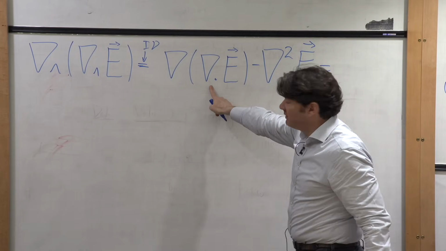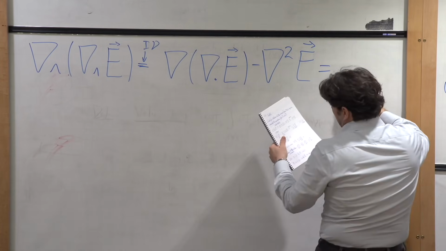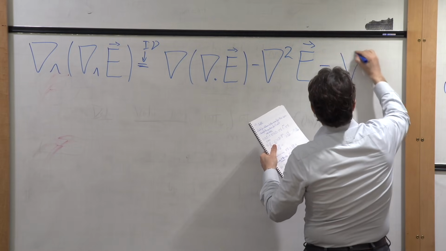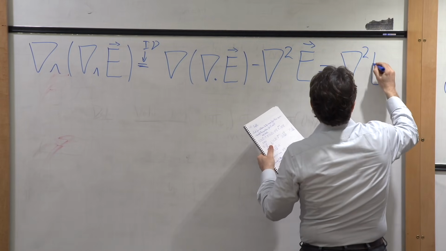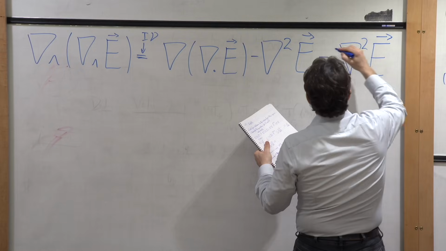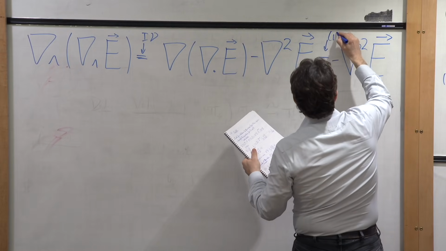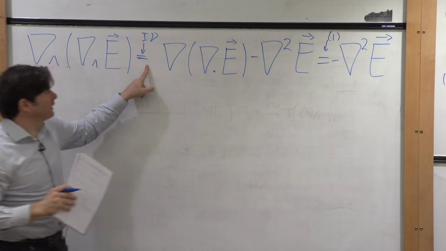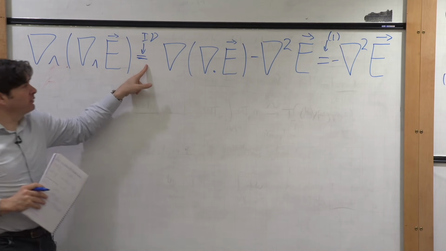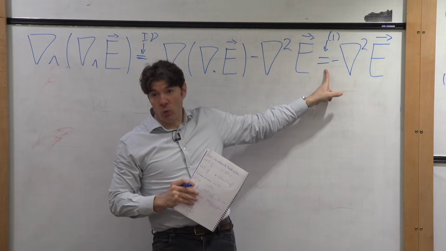So we don't have this term, and then this is minus the Laplacian acting on E. So this is a vector identity for any vector, and this uses the Maxwell equation 1.